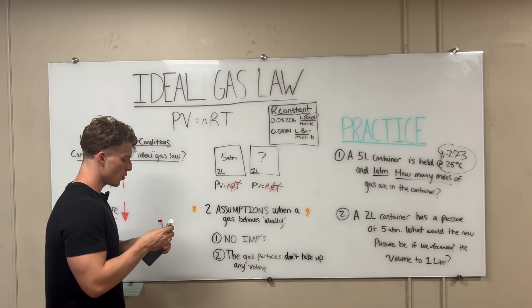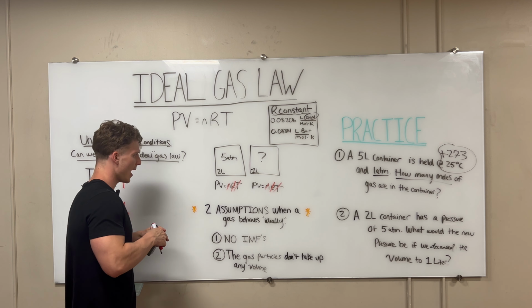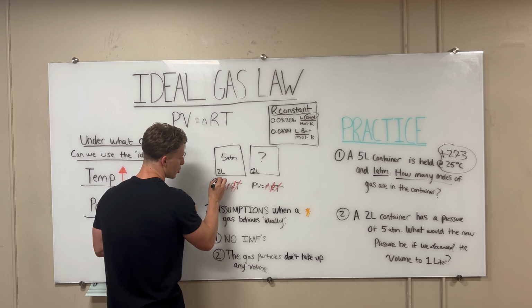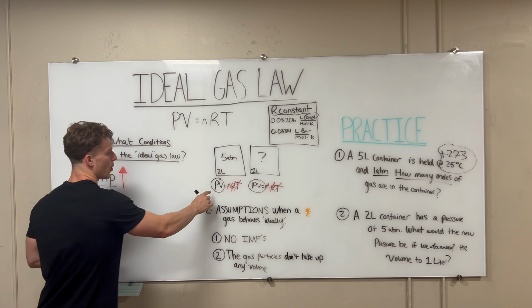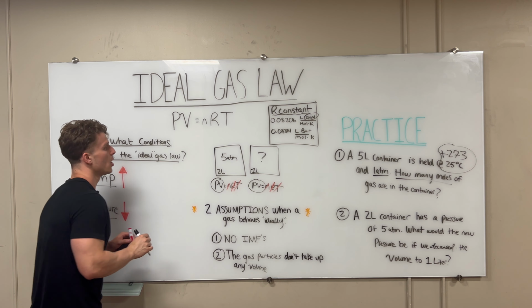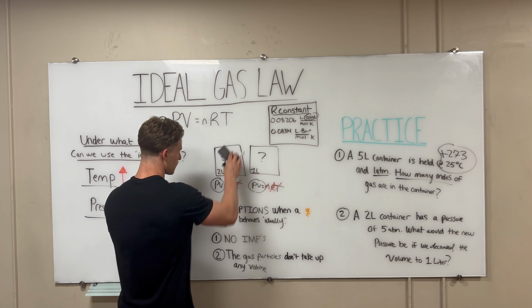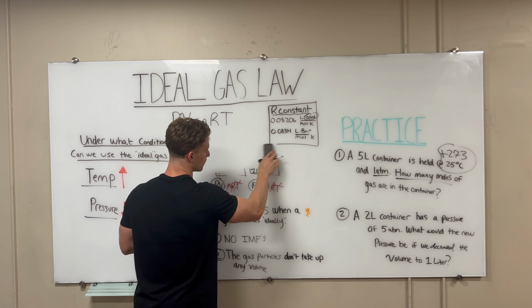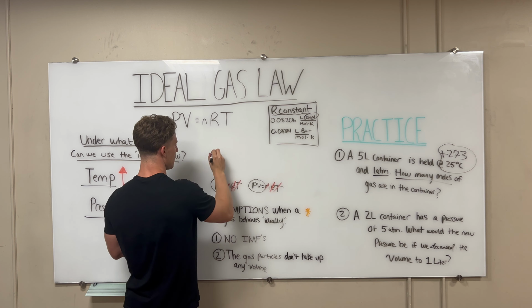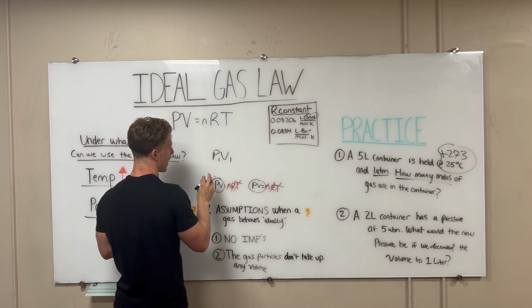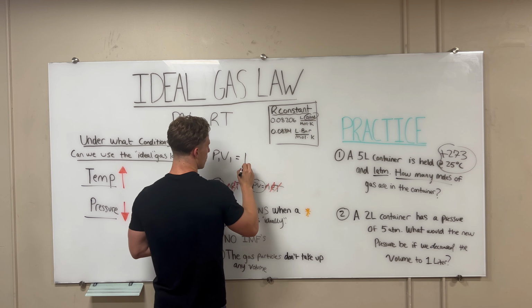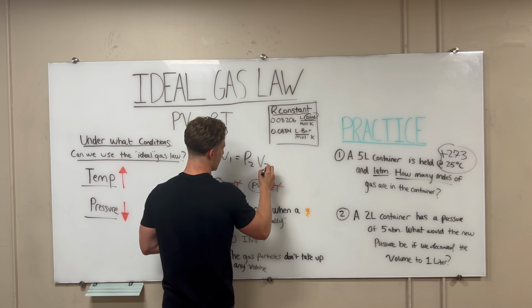The way that you're supposed to set this up is to break this down into 2 separate scenarios with our 2 pressure values and 2 volume values. We can say that P1 V1, our first pressure and our first volume, is equal to P2 V2.